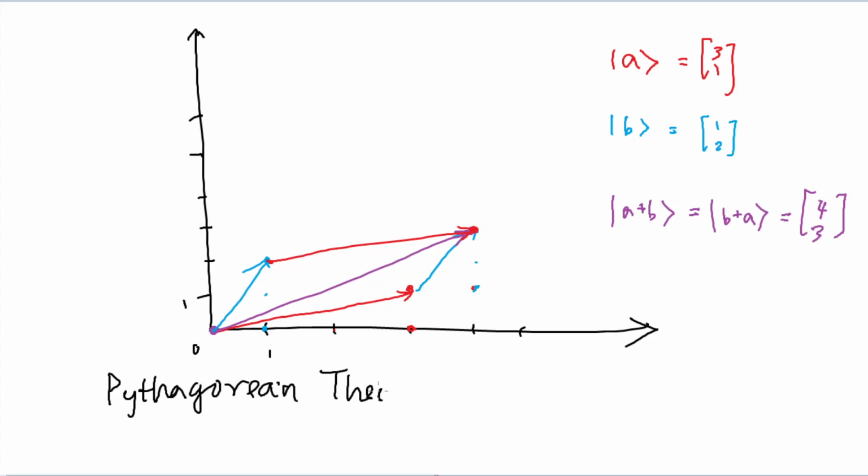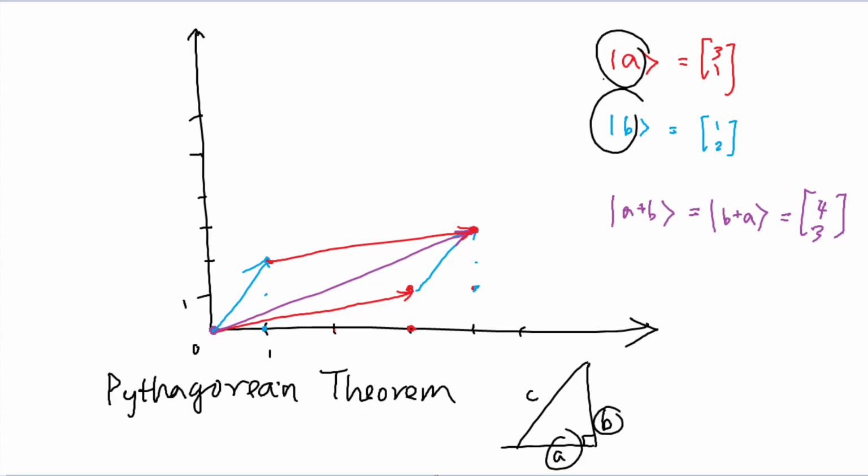It defines a given relationship between the sides of a triangle. We name them A, B, and C here, where A and B are very different from your ket vectors up here, just as a side note, and where it basically says A squared plus B squared equals C squared.